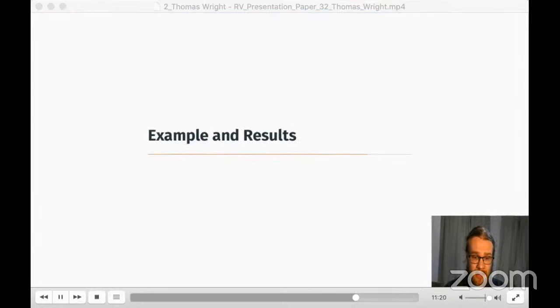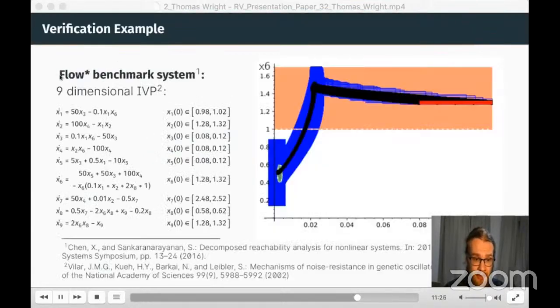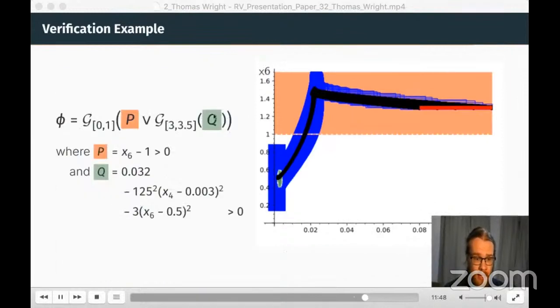Finally, we will look at an example and some performance results. So we looked at this Flowstar benchmark system, which consists of a 9-dimensional initial value problem consisting of 9 nonlinear ODEs and a 9-dimensional box of uncertain initial conditions, here shown in red, projected down to 2 dimensions of interest. And the property we're interested in is phi, given by 2 atomic propositions.